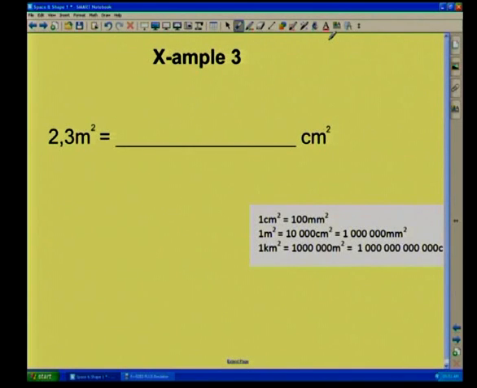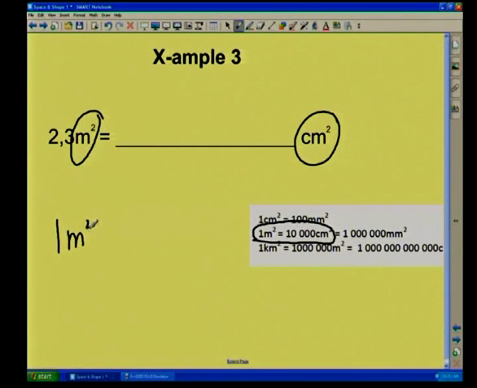Let's have a look at example 3. Here you can see we are dealing with meters squared and centimeters squared. So therefore we need to remember our rules. We're going to be looking at 1 meter squared is equal to 10,000 centimeters squared. Remember, it is not 10 centimeters squared.